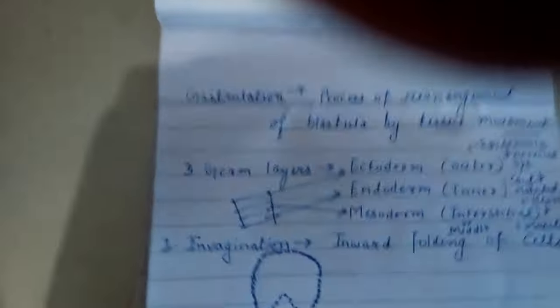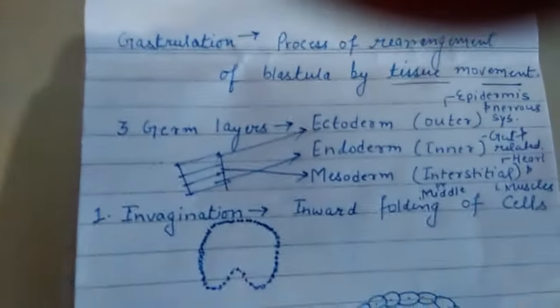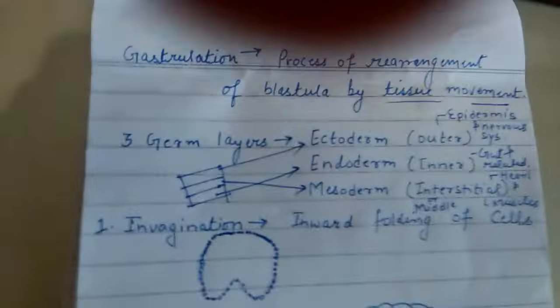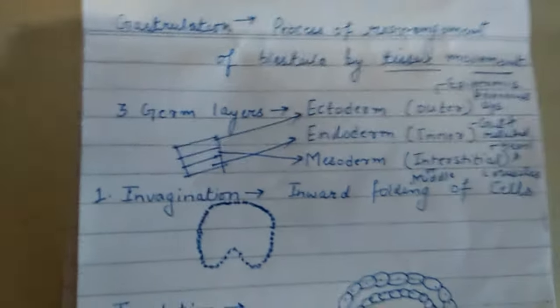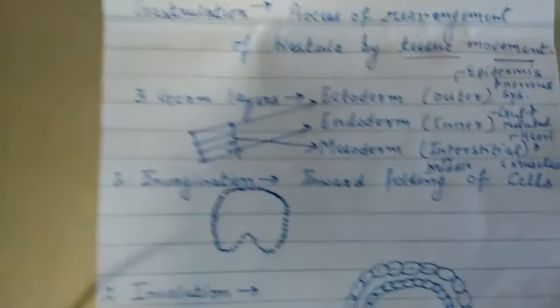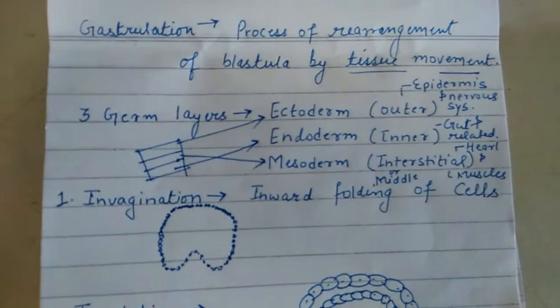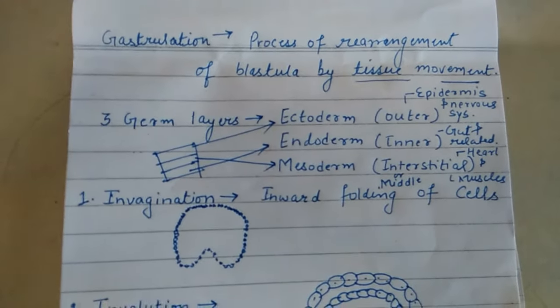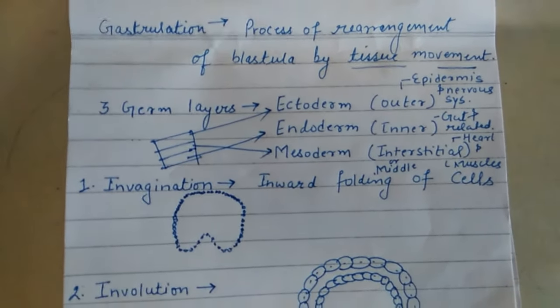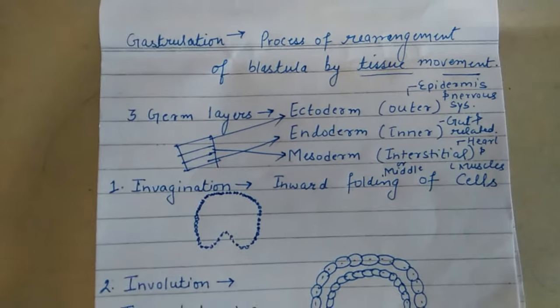So we call ectoderm the outermost layer from which our epidermis cells and nervous system originate. Endoderm is the innermost tissue which forms the gut and related organs, whereas mesoderm forms heart and muscle cells.